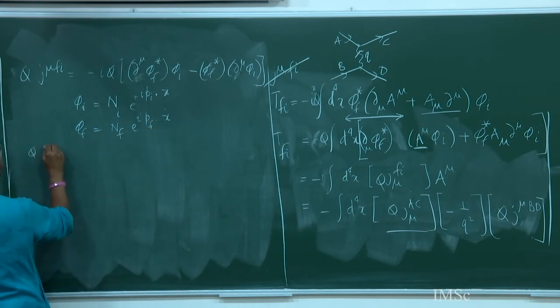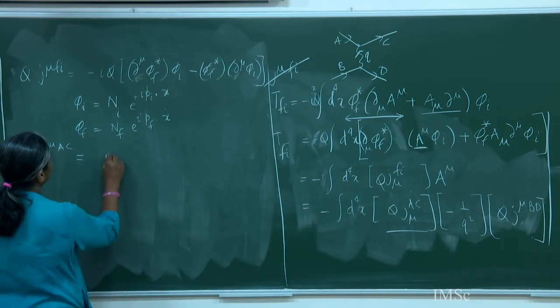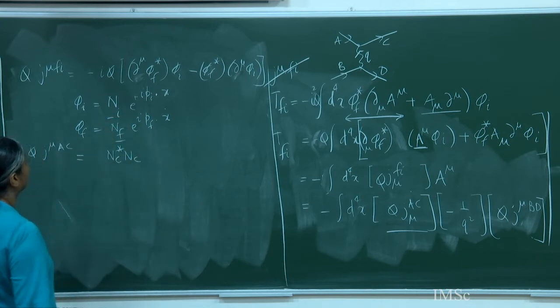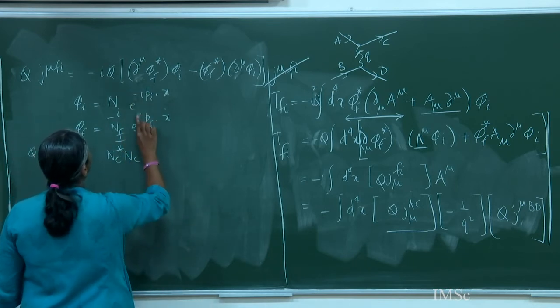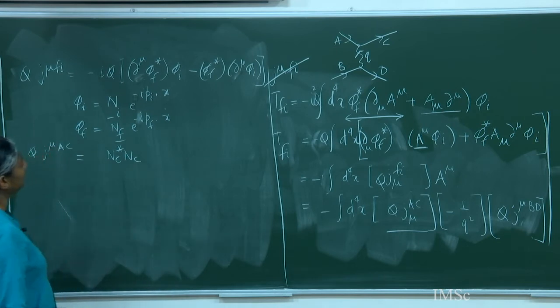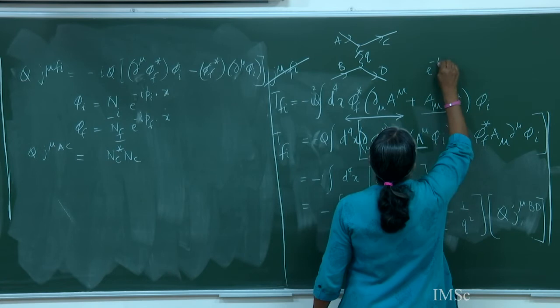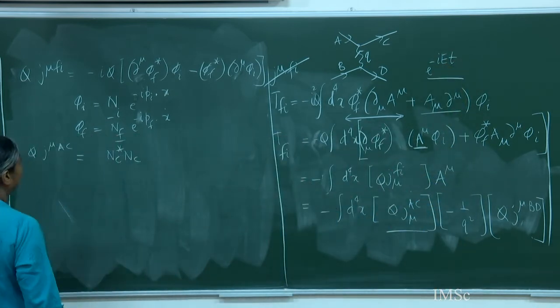So Q J mu, let us say AC, we'll have N_C star N_A, those are those objects. For the zero component, there should be a minus sign. Normally you would have e to the minus iEt, right? So you're right, it's e to the minus i p dot x, right?